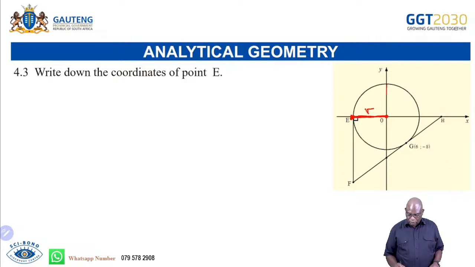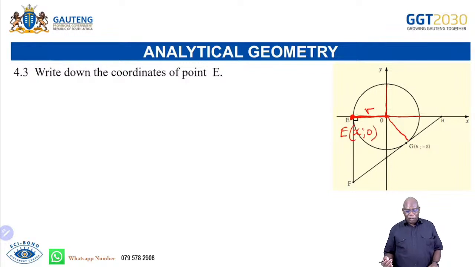That one is also a radius, that one is also a radius, that one is also a radius. But this one here is on the x-axis, which means for point E, I don't know what x is, but I know what y is. The y value there will be 0.